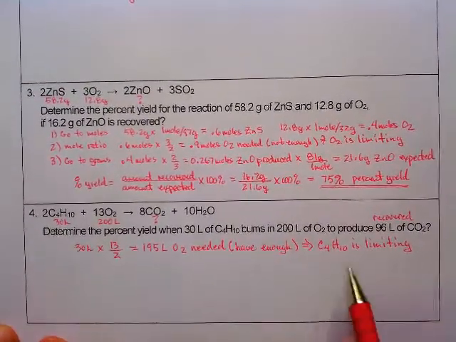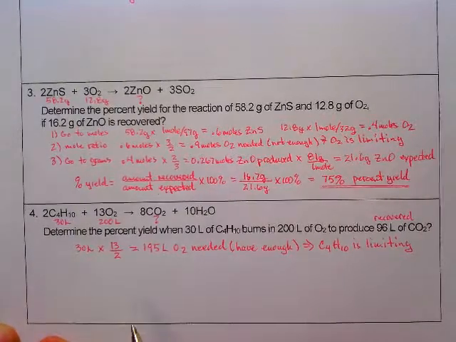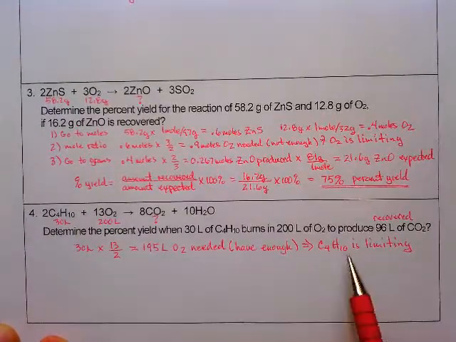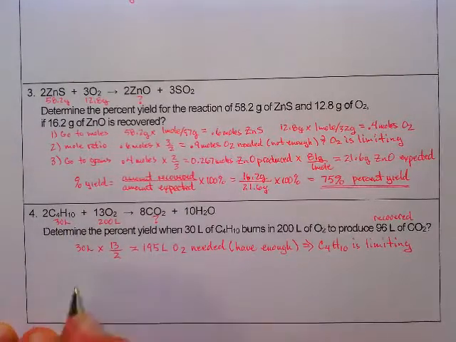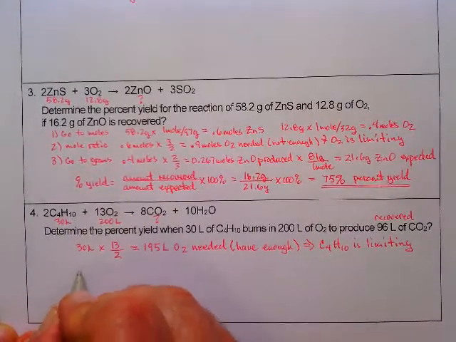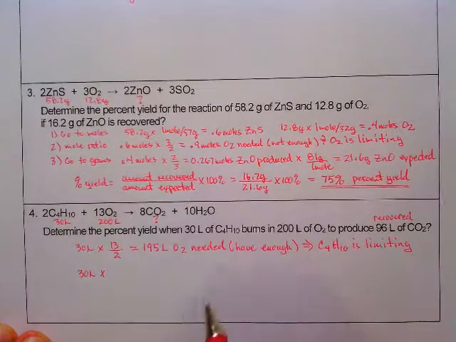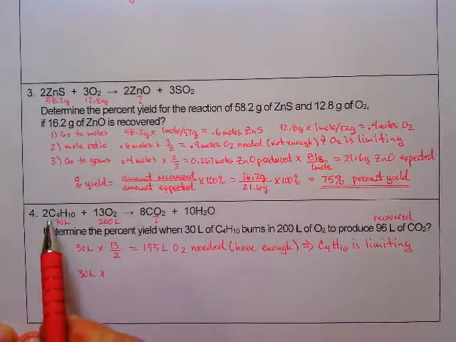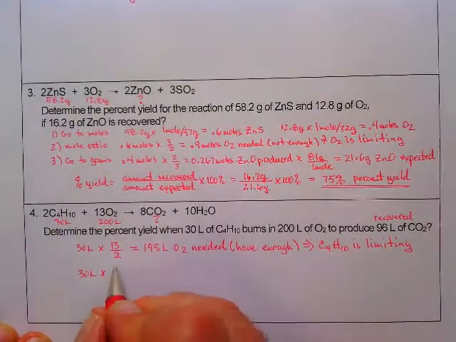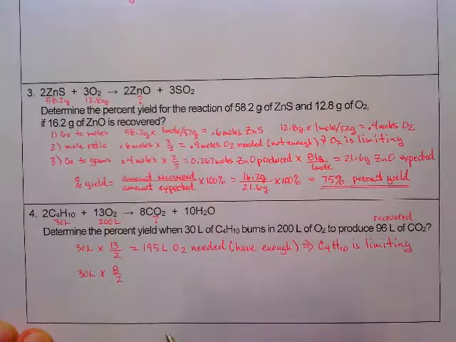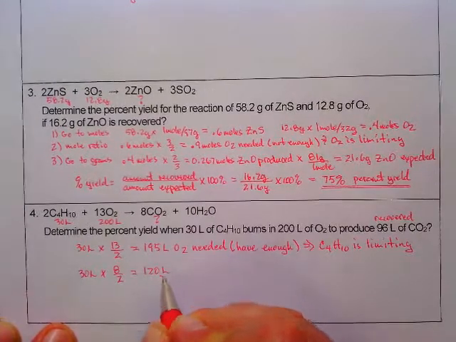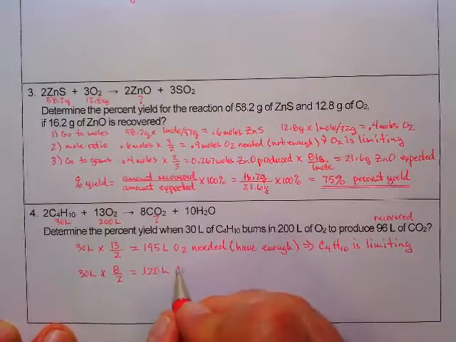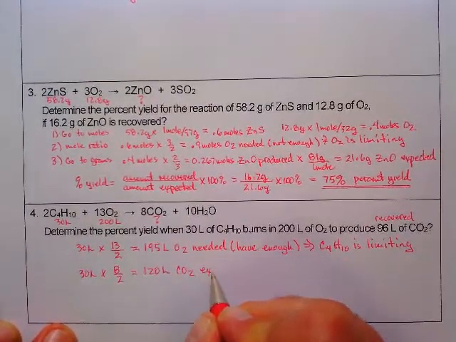And so now that I know that that's limiting, I can do a second volume problem to compare the C4H10 with the CO2. And so I take my 30 liters. Now my mole ratio is 8/2. Again, the question mark on top. So 8/2, which is basically 4, which means 120 liters of CO2 expected.